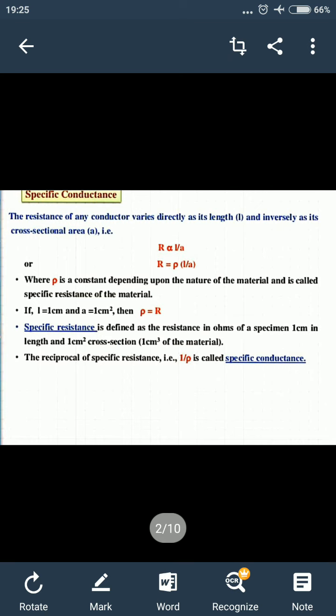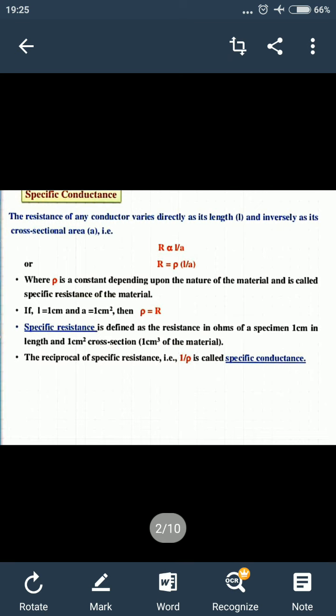So we can write R is proportional to L upon A, or R is equal to rho into L upon A, where rho is a constant depending upon the nature of the material and is called specific resistance of the material.